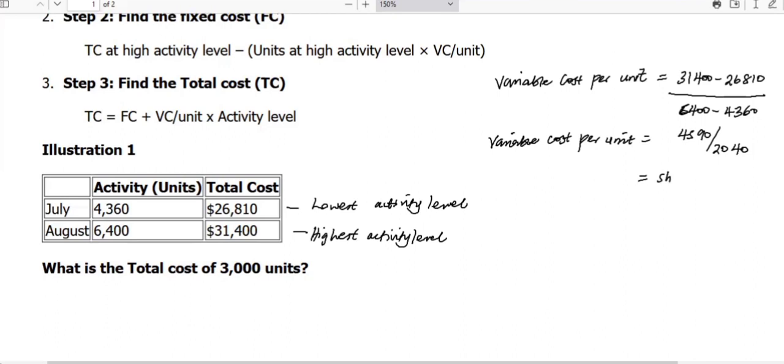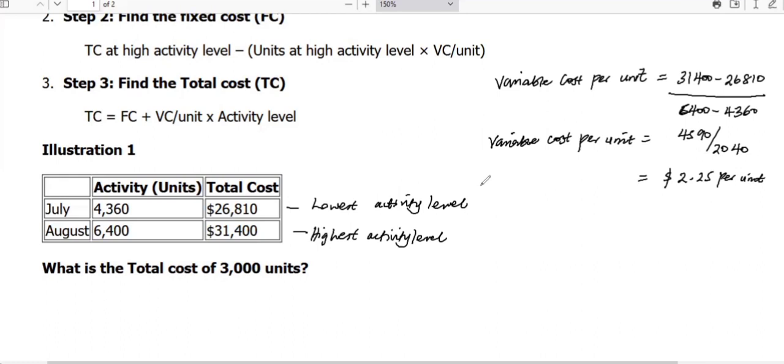So your variable cost per unit, we are using dollars, equals $2.25 per unit. But of course, I have to compute the fixed cost because these are mixed costs.